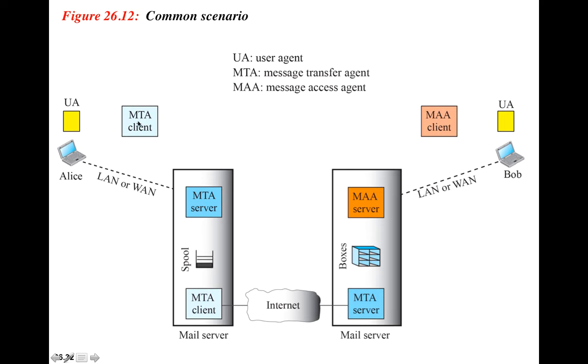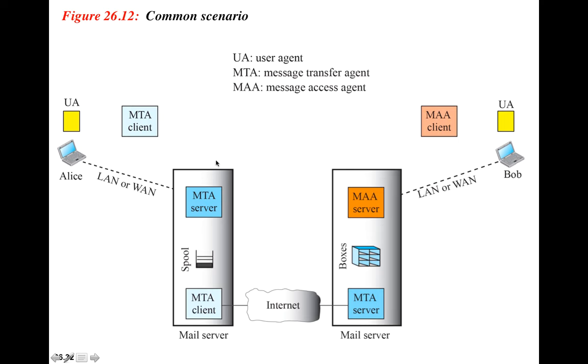So you have the message transfer agent causing the interaction between the client and the server. It is mainly used for push purposes, pushing of information. And then we have the message access agent. The message access agent is used for pulling the information, right?